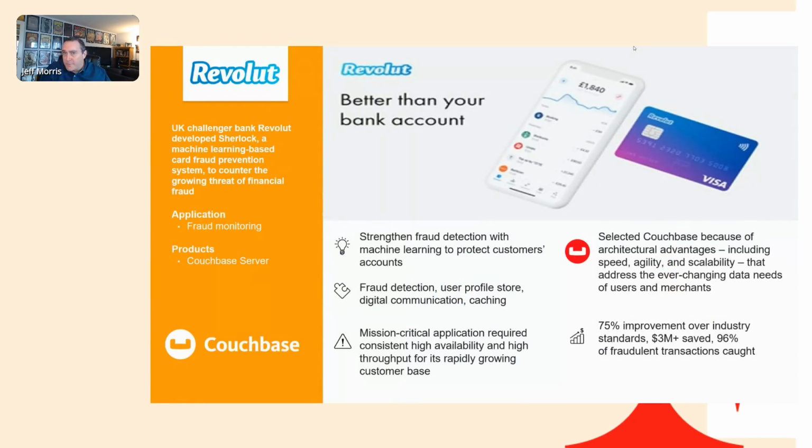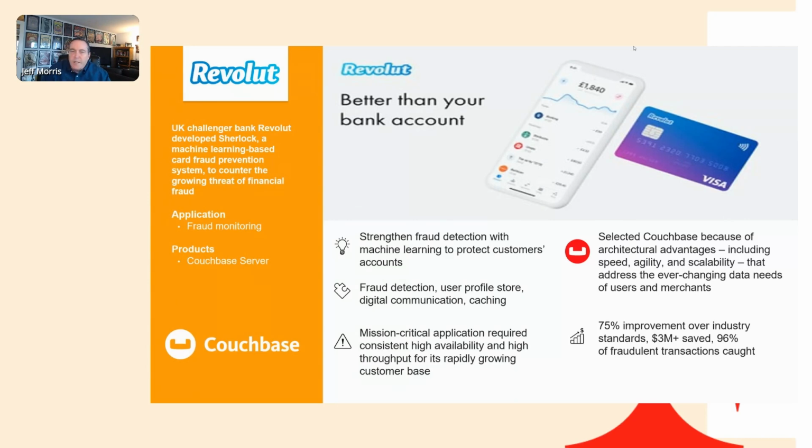I've got another fraud detection example. Fraud monitoring through Revolut. Their Sherlock system is a machine learning based fraud prevention system. It's won many financial services awards in their space in Europe. Their requirements: this is a mission critical application, of course. It's got to be available. It's got to be high performance.